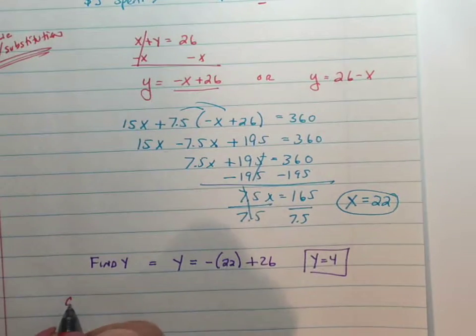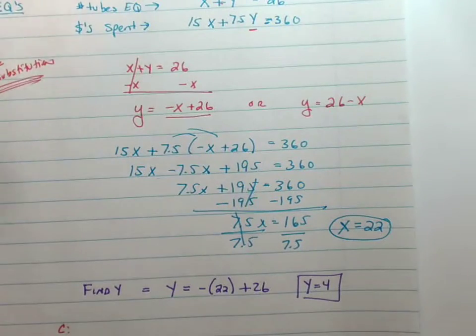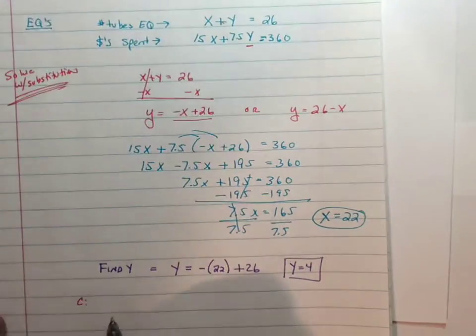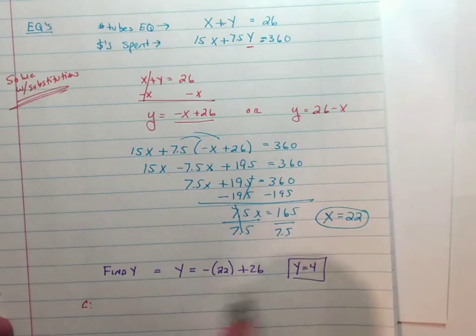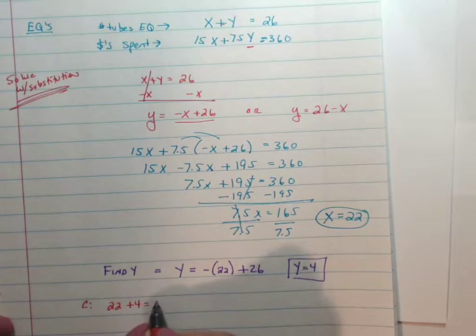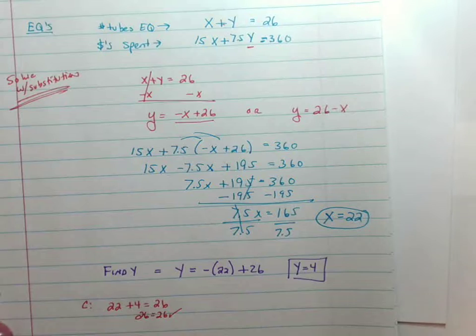Now, it's a good idea to check to see if this makes sense. Our first equation is with tubes. If we have 22 people tubes and 4 cooler tubes, well, that's equal to 26. So 26 equals 26. Cha-ching, checks. Outstanding.